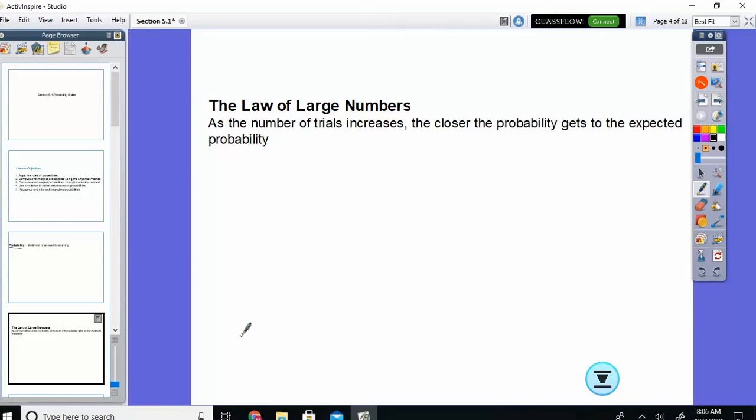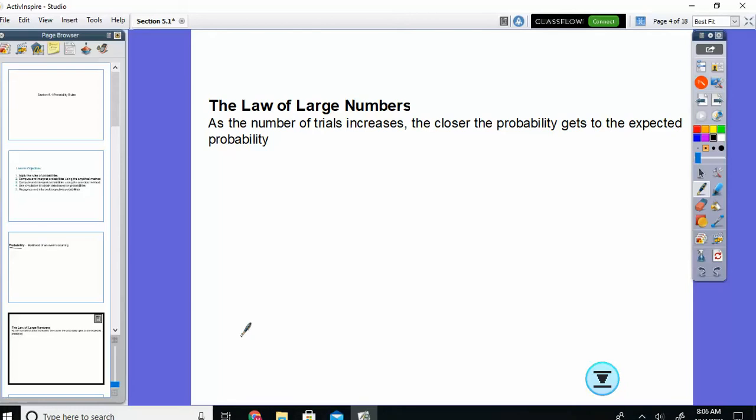If I flip a coin, what's the probability of getting a heads? 50%. Does that mean if I flip the coin twice, I get one head and one tail? No. Is it possible that I could flip the coin 10 times and get heads every single time? Yes.